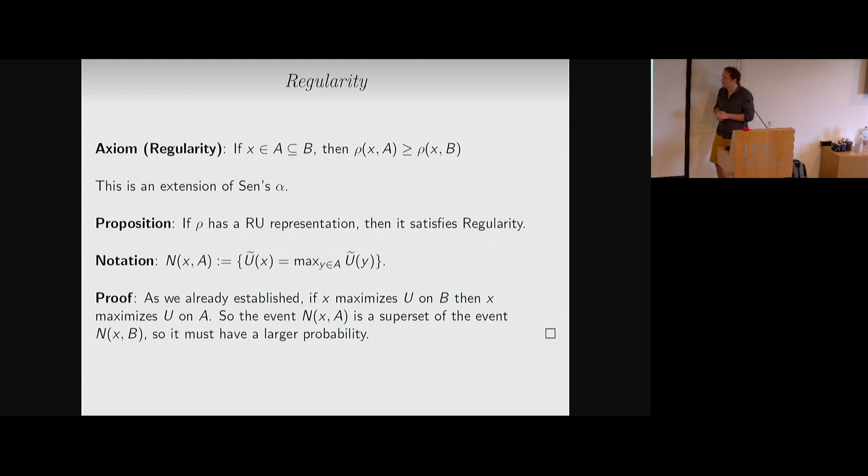So define the set N of x, A to be the event in which the agent finds it optimal to choose x from A. We already discussed a second ago that if x maximizes u on B, then it must maximize u on A. So in the language of these N sets, it must mean that N of x, A is a superset of N of x, B. So it contains more utility functions than N of x, B, because I don't care now what these utility functions do outside of A. So if it's a bigger set, it must have a larger probability.